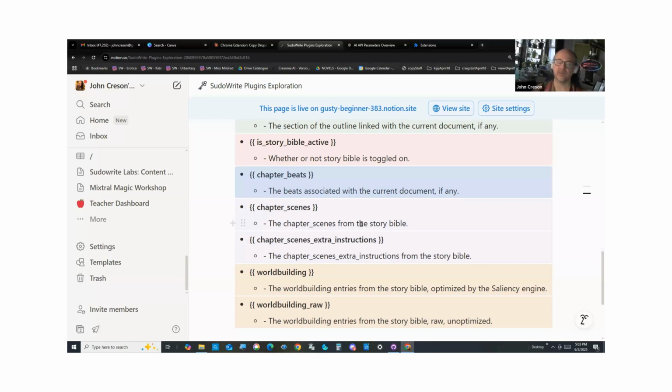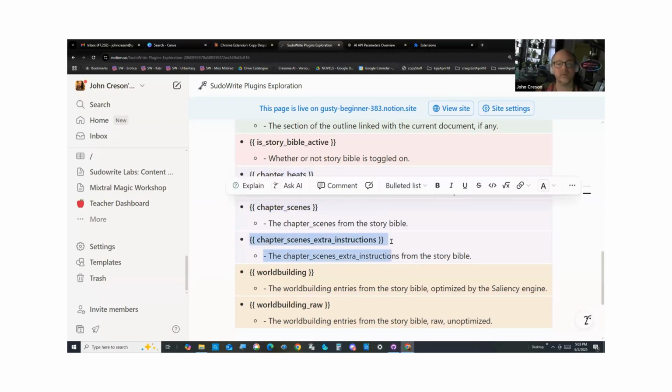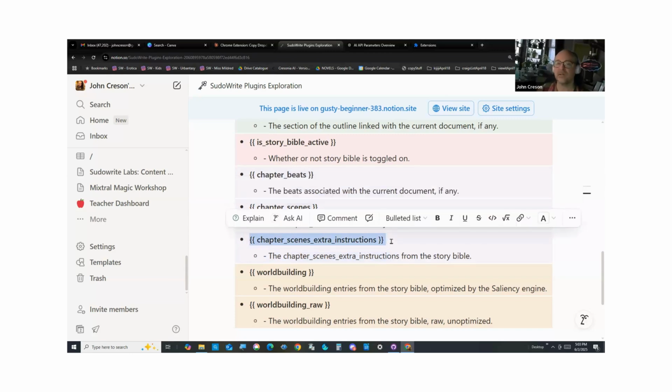So if I was building a tool that would write in my style, I might look at something like a Write plugin to get some inspiration, but I would want to change it to add in chapter scenes and extra instructions so that people could use those extra instructions and scenes to help inform Write for that one chapter.